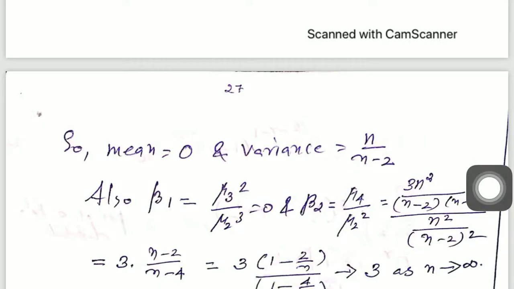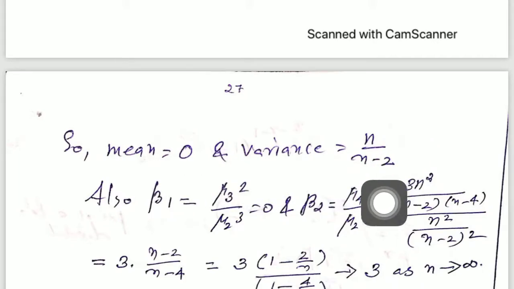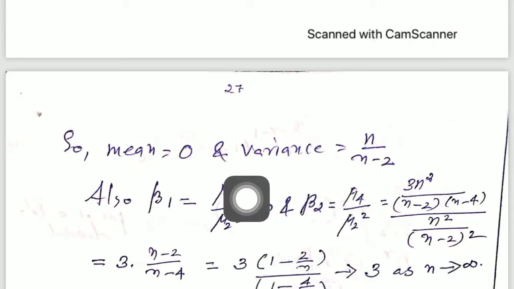And you should note a very important point here. You have the mean equal to 0 and variance equal to n by n minus 2 only if n is greater than 2. That is, when n is equal to 1 and when n is equal to 2, no variance exists for the t distribution.